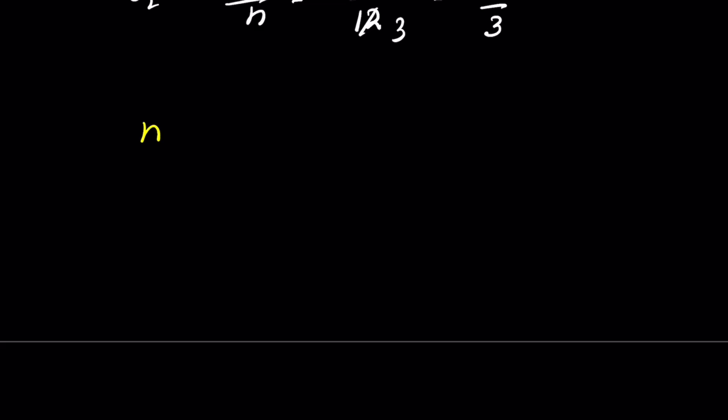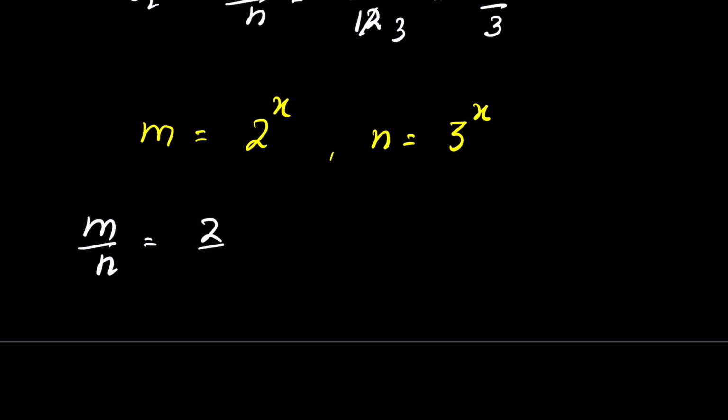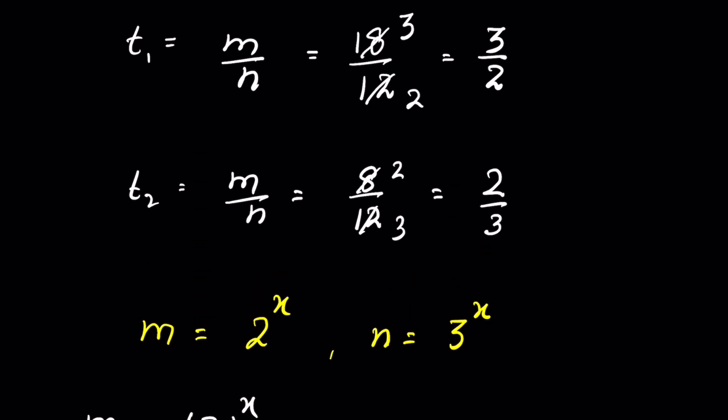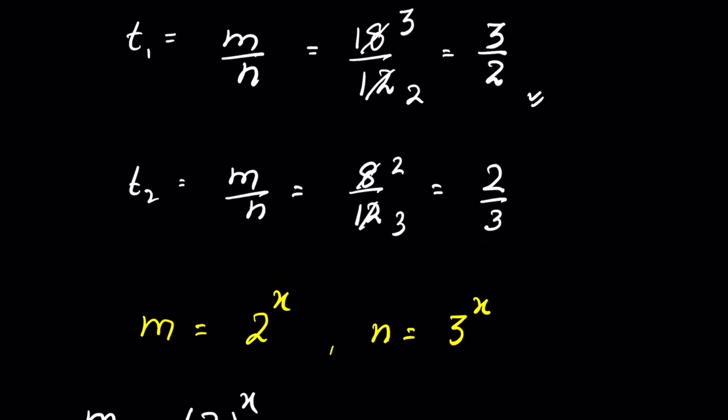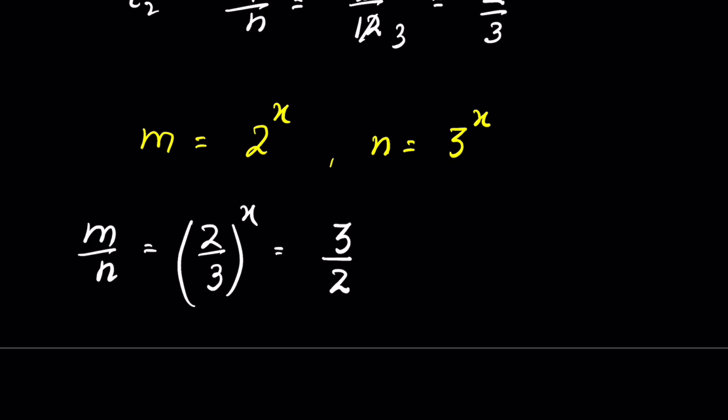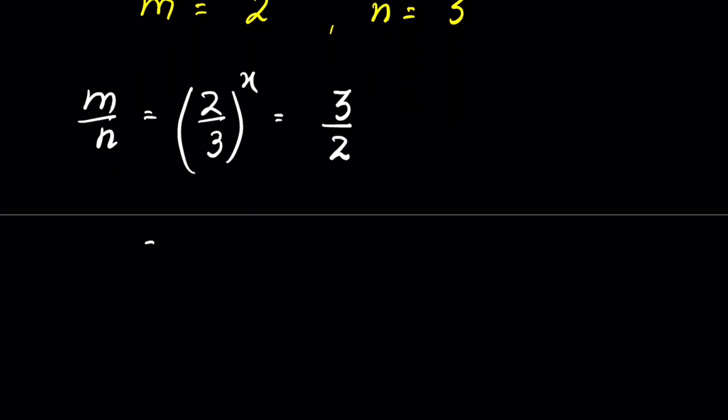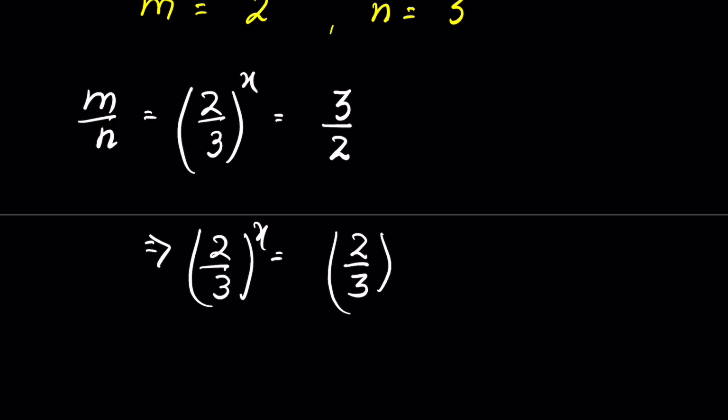Again we consider m is equal to 2 to the power x, and n is equal to 3 to the power x. So m upon n is 2 upon 3 whole to the power x. In the first case, when m upon n is 3 upon 2, 2 upon 3 whole to the power x is equal to 2 upon 3 whole to the power minus 1.